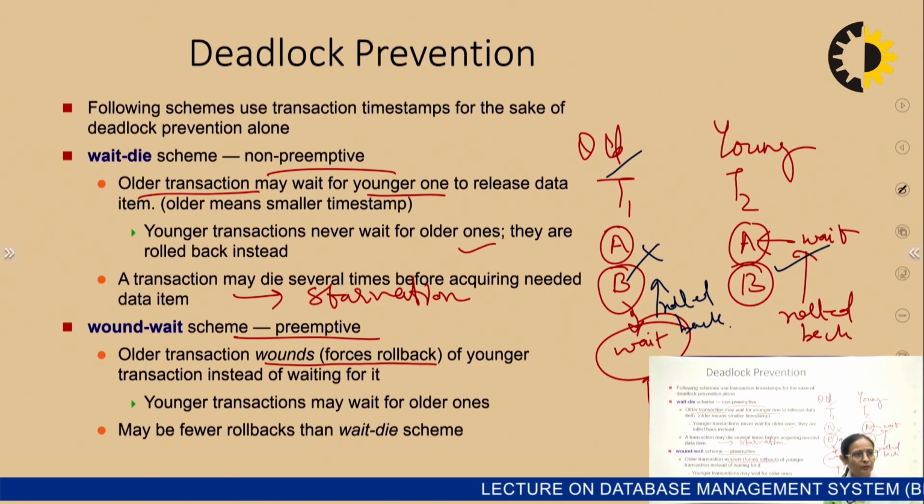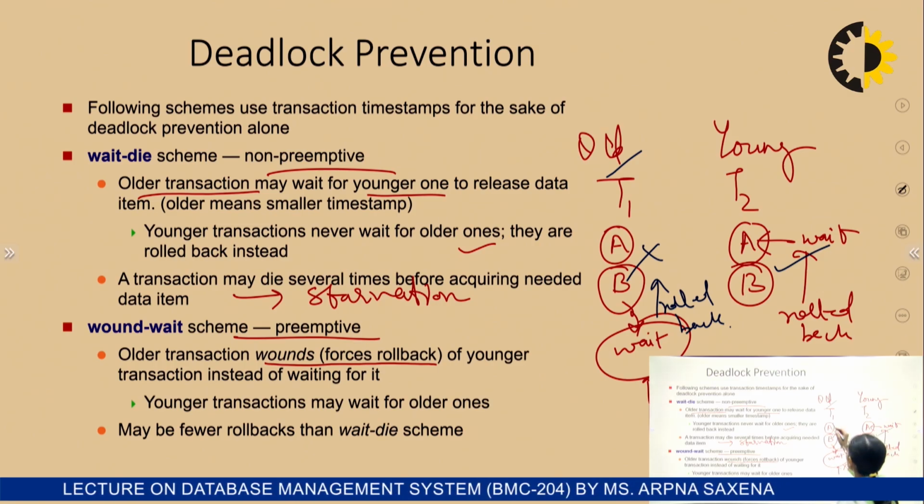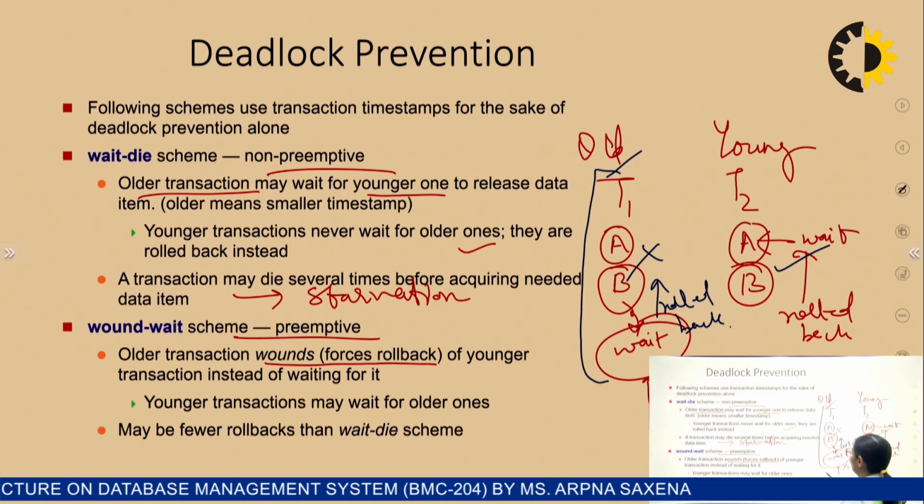Maybe there are fewer rollbacks than in the wait die scheme. Why is there this possibility? Because the older transaction has acquired many variables during its life cycle, and now it is nearing its exit point.